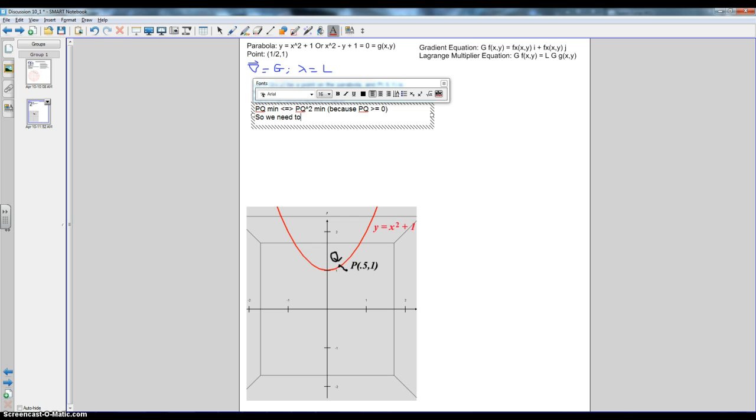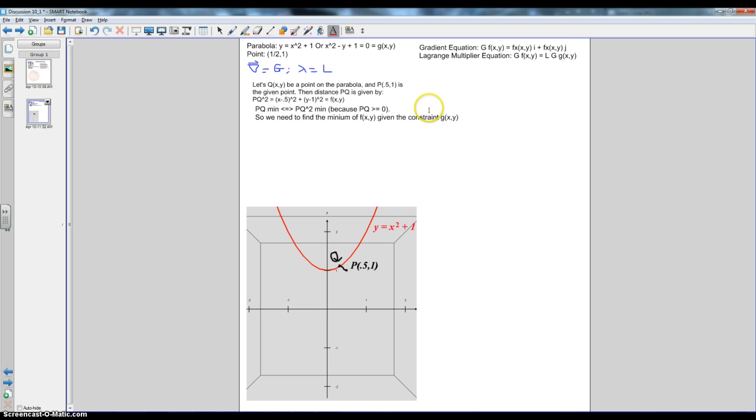So we need to find the minimum of f(x, y) given the constraint g equal 0. It's going to become very similar to problem number 5 that we did before.